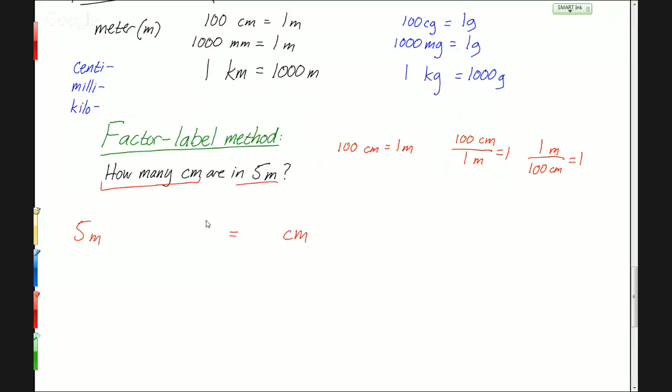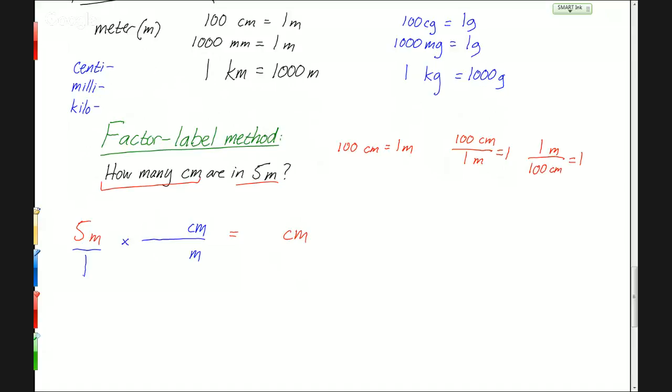The way we do that is by introducing a factor, a multiplication factor, that can cancel that unit of meters and replace it with a unit of centimeters. Another way that sometimes we'll write this is we'll divide this first number by 1, just to show that it's on the top of the fraction, but same thing.